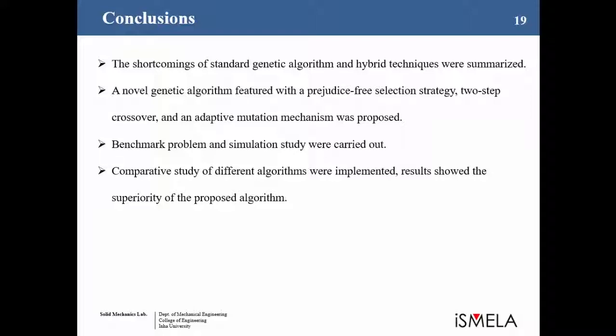Benchmark problem and simulation study were carried out, and a comparative study of different algorithms was implemented. Results showed the superiority of the proposed algorithm, and in the future we will do some experiments for this proposed genetic algorithm.